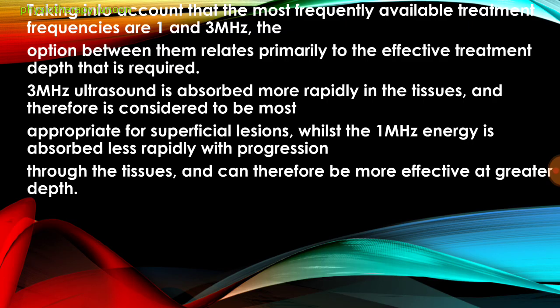Taking into account that the most frequently available treatment frequencies are 1 and 3 megahertz, the choice between them relates primarily to the effective treatment depth that is required. 3 megahertz ultrasound is absorbed more rapidly in the tissue and is therefore considered most appropriate for superficial lesions, whereas 1 megahertz energy is absorbed less rapidly with progression through the tissue, and can therefore be more effective at greater depth.